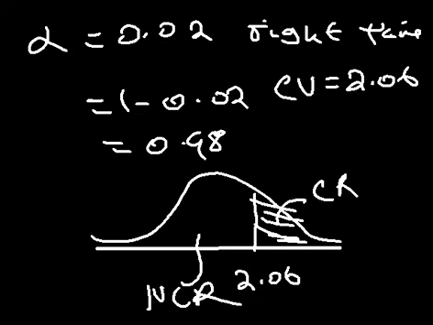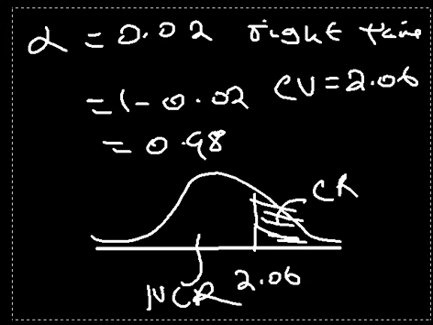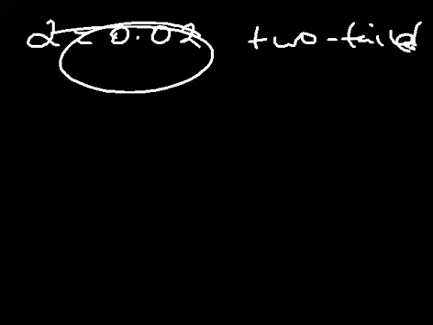So what if it is two-tailed? How should you be able to get it whenever it is two-tailed, if this is the case? Let's say we have alpha given as 0.02 in the two-tailed test.